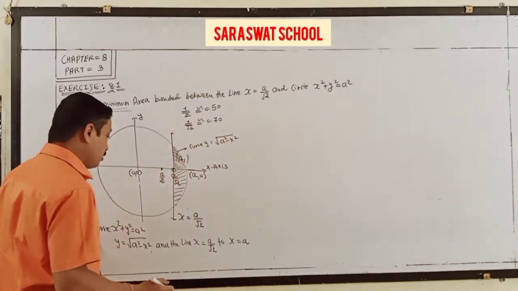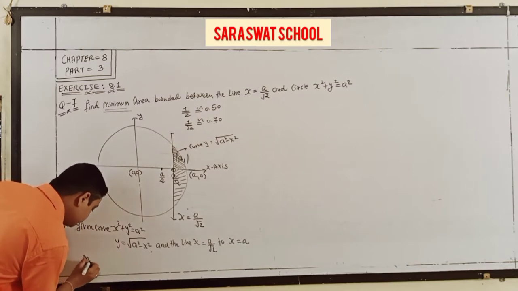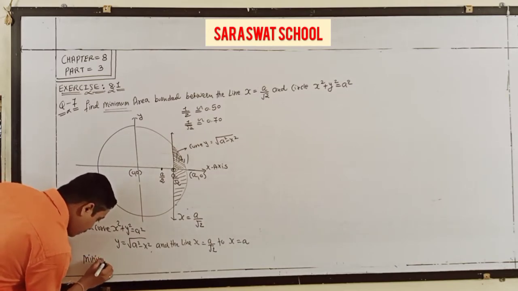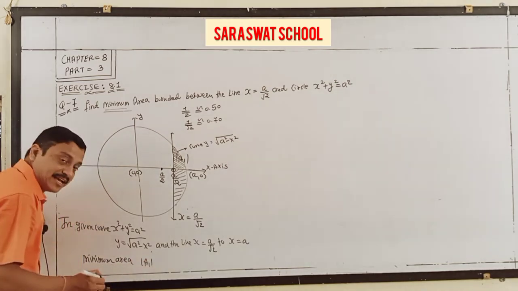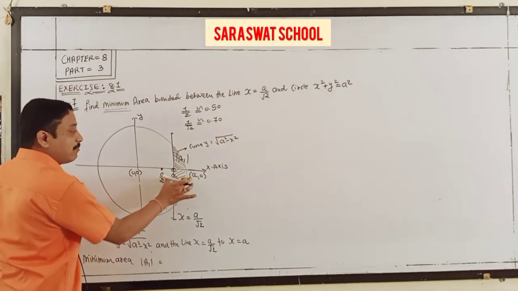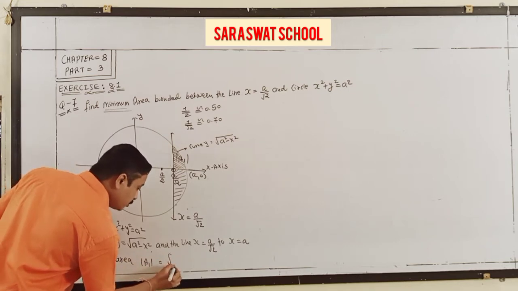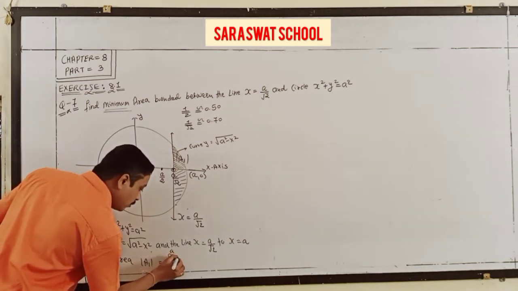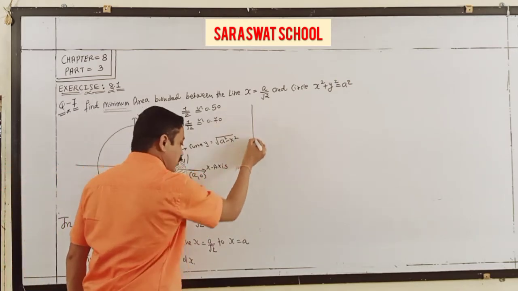So the minimum area A1, I define it as the integral from a by root 2 to a of y dx. And the calculation is very easy now.